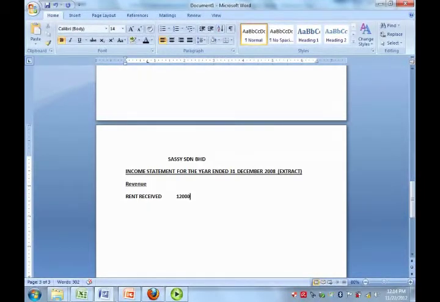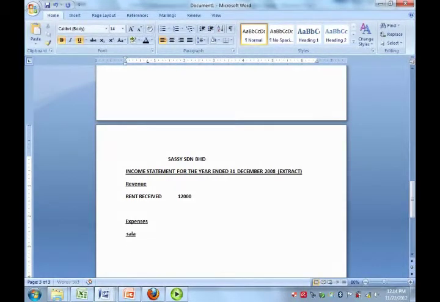Okay, any item under revenue? No, so you can go to expenses. Class, can you see how to format the extract now? You only put the item that is revenue, only rent received. Put the new amount.